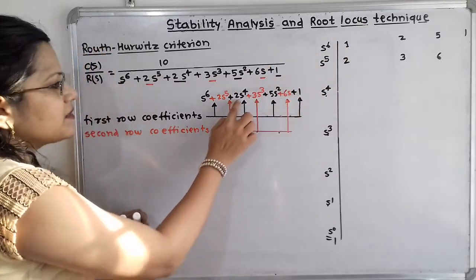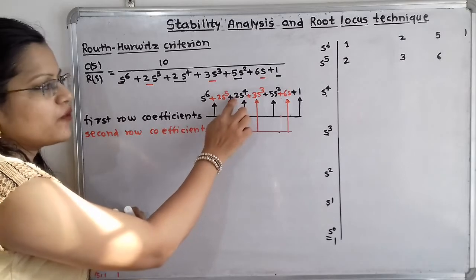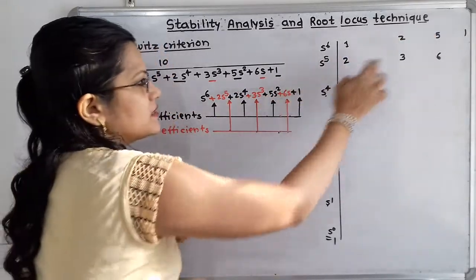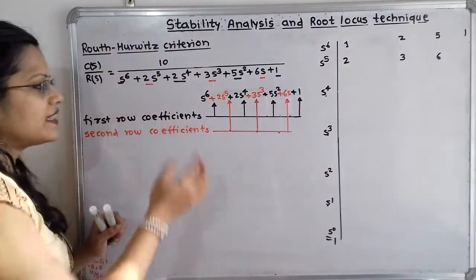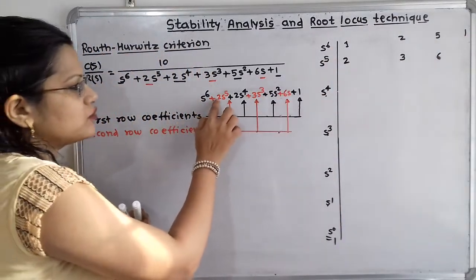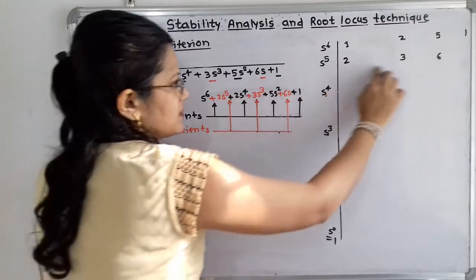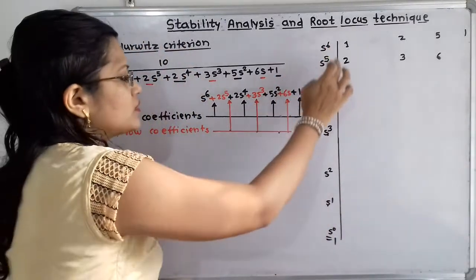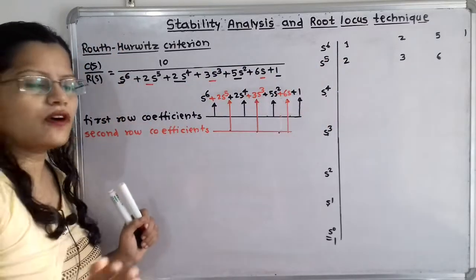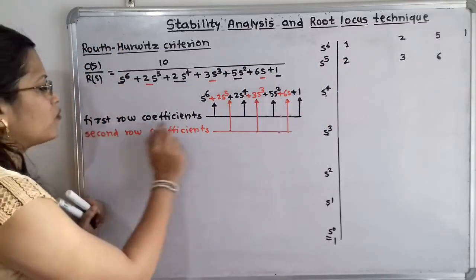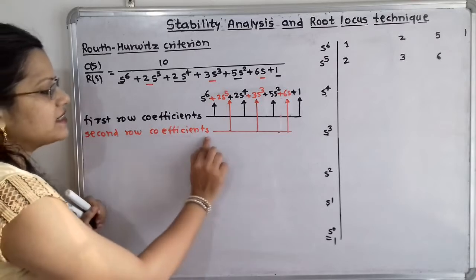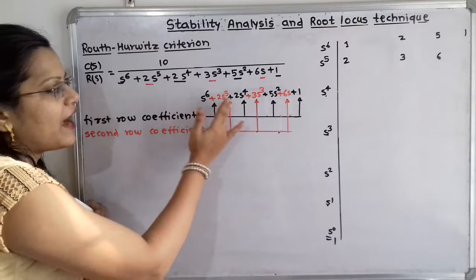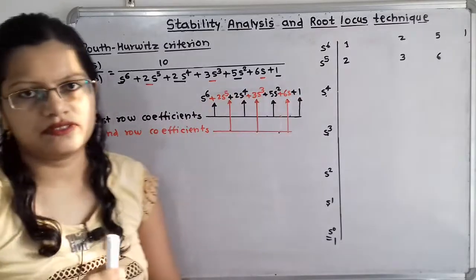Then next is 2, because s raised to 4 has coefficient 2, then s square has coefficient 5, and then the number 1. Then next is s raised to 5, that is 2, then 3, then 6. So these two rows are plotted. This is the first important step: we write the first row and second row coefficients by selecting alternate numbers.